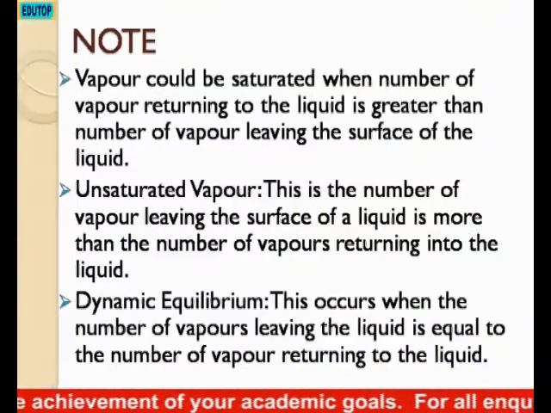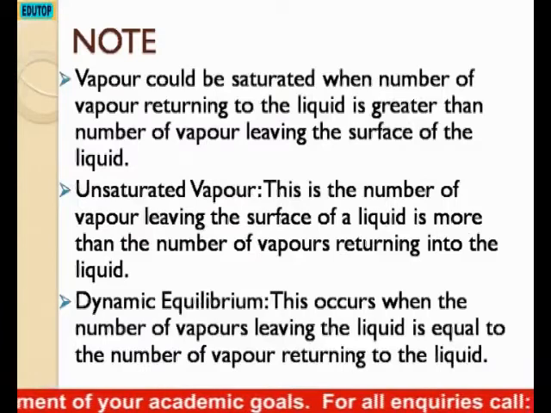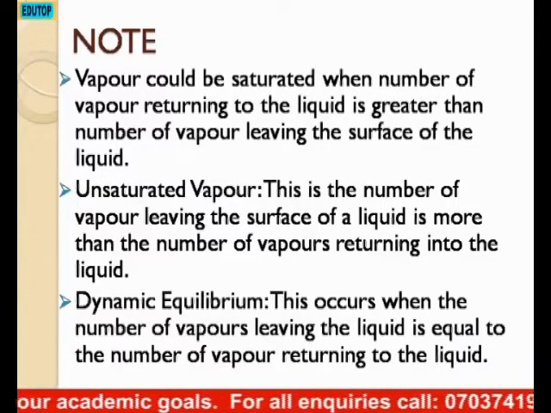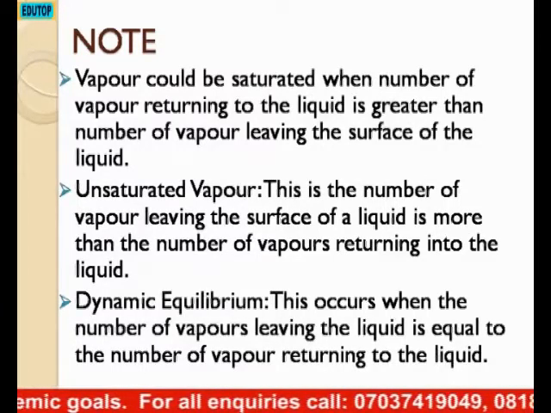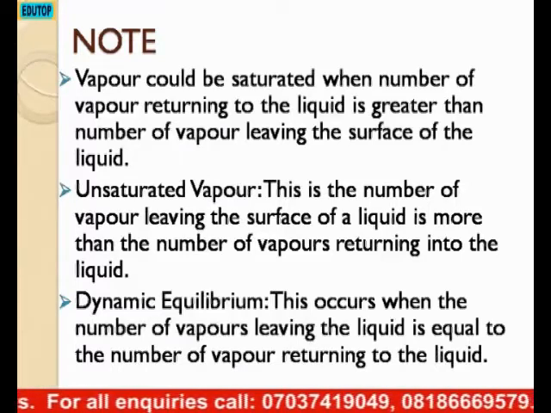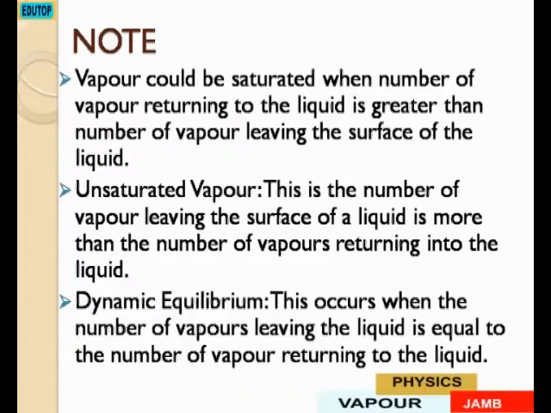Vapor is saturated when the number of vapor returning to the liquid is greater than the number of vapor leaving the surface of the liquid. That is saturated vapor. What about unsaturated vapor? This is when the number of vapor leaving the surface of a liquid is more than the number of vapor returning to the liquid.